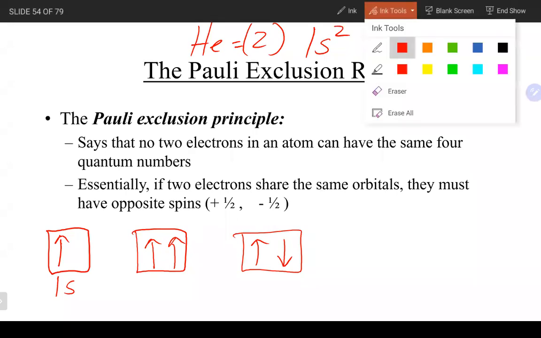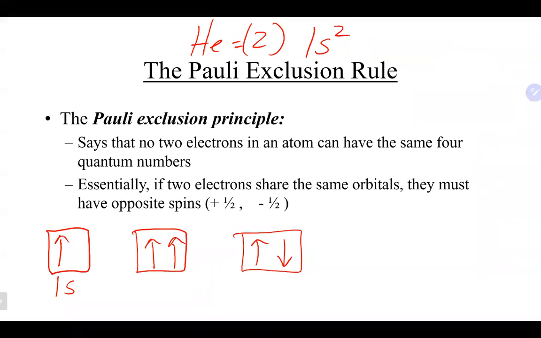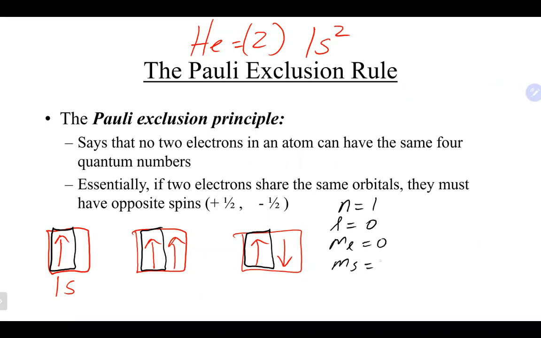If we were to do the 4 quantum numbers for this electron here, and also this electron, not that you need to know how to do this at this point, but let me just tell you what the 4 numbers would be. N would equal 1, L would equal 0, M sub L would equal 0, and M sub S would equal plus 1/2. These are the 4 quantum numbers for our electron pointing upwards.